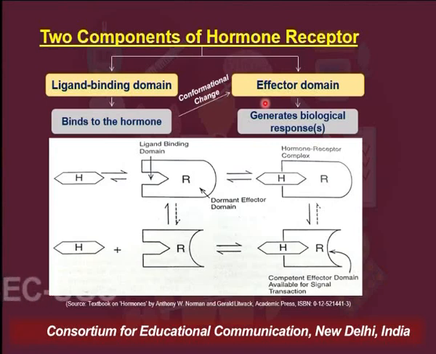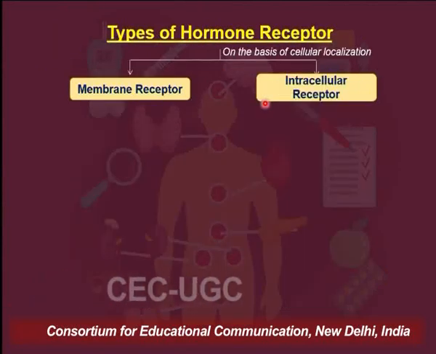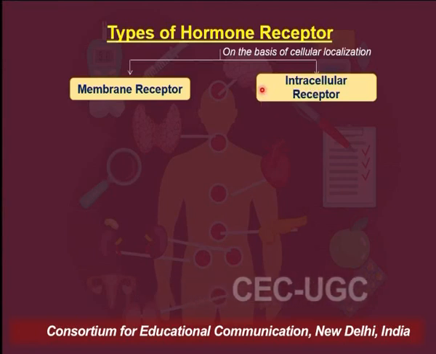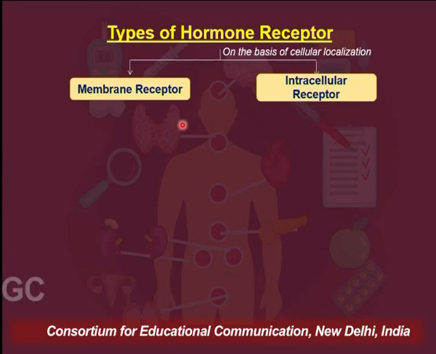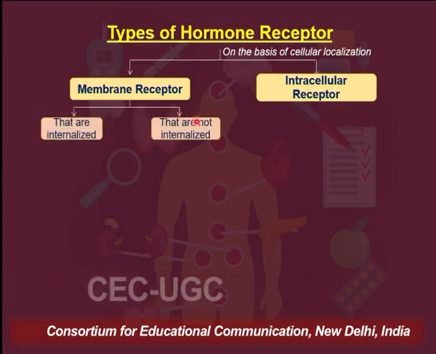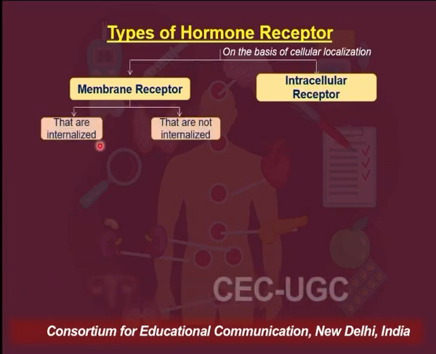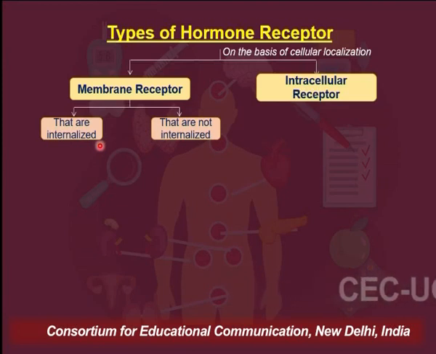So, now let us have a look at the types of hormone receptors. On the basis of their cellular localization, there are two types of receptors for the hormones. One is the membrane receptor and the other one is the intracellular receptor. The membrane receptor in turn could be classified into two parts for the ease of understanding.